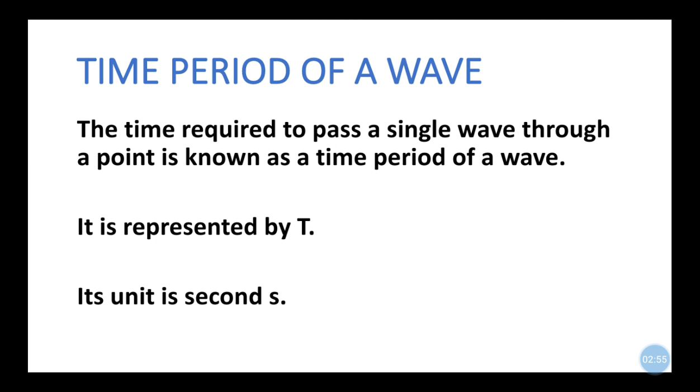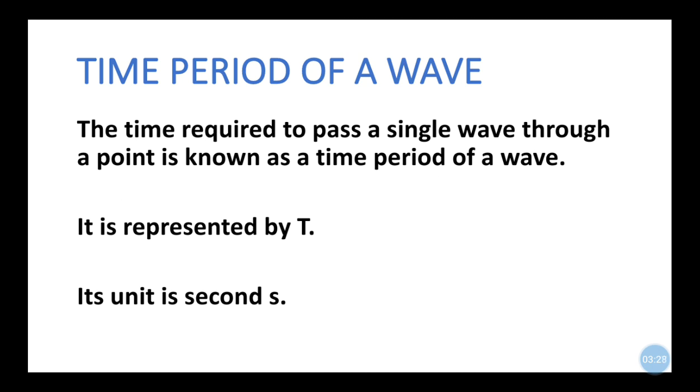If number of waves greater than 1, for example 2 waves, 3 waves, 4 waves pass through a point in a particular time, then that time is known as total time. That time is not called the time period.